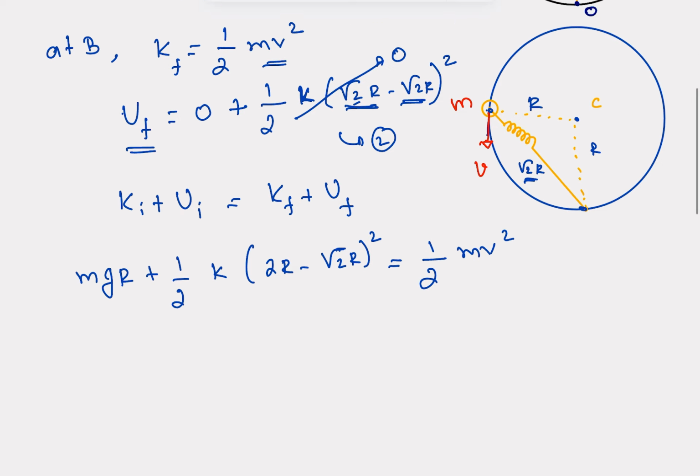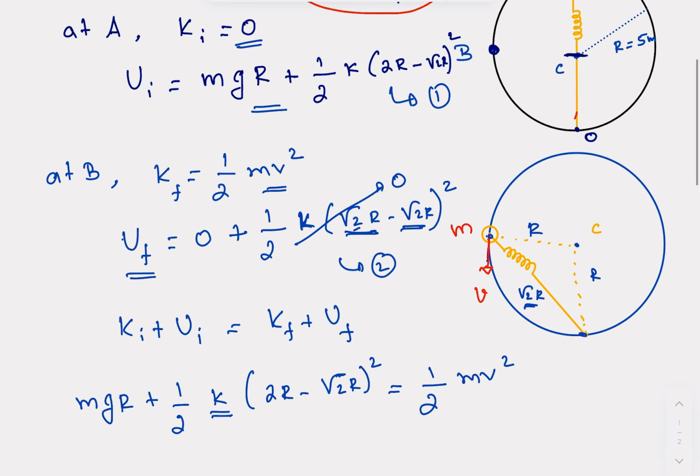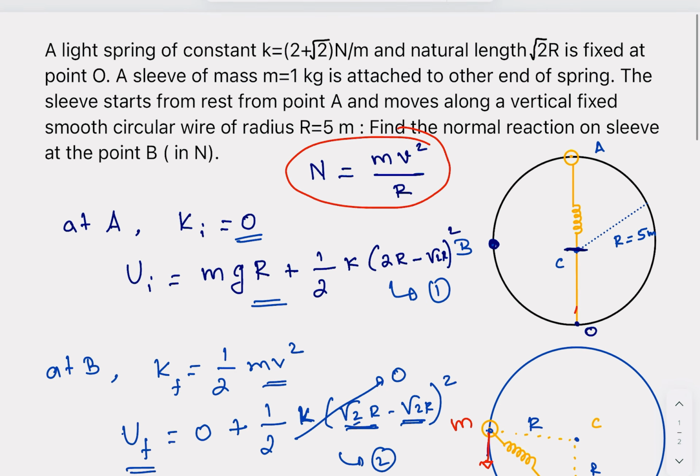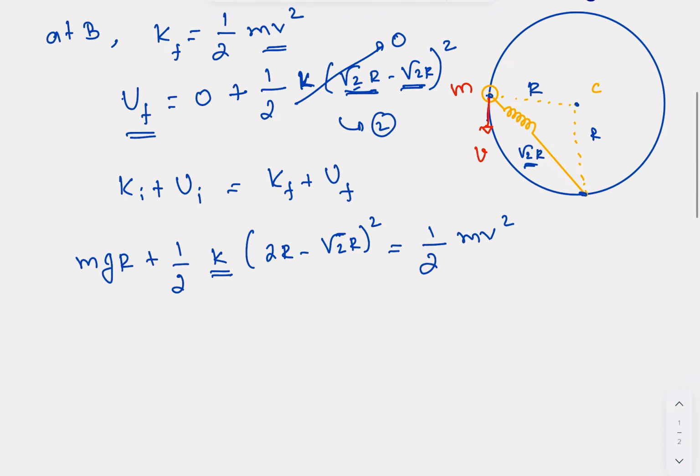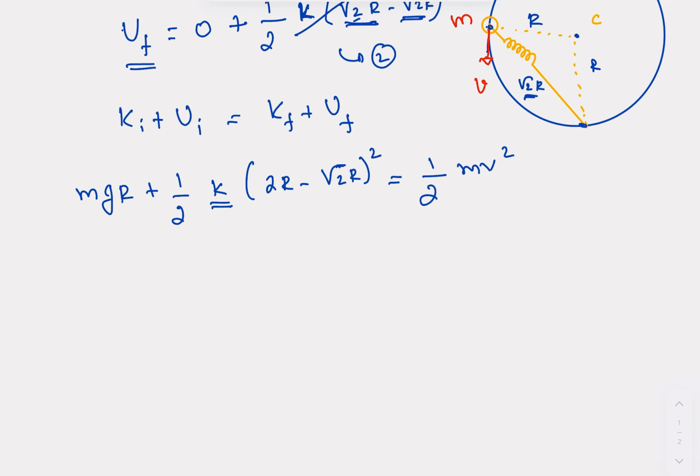Now the equation is set, and the common thing is the 2. The other thing is that we can introduce the k value, which is given. The k value is actually 2 plus root 2. They gave it with the proper idea to simplify the results easily. Now I'll take the LCM because I don't want the 2 here, so I'll remove it.